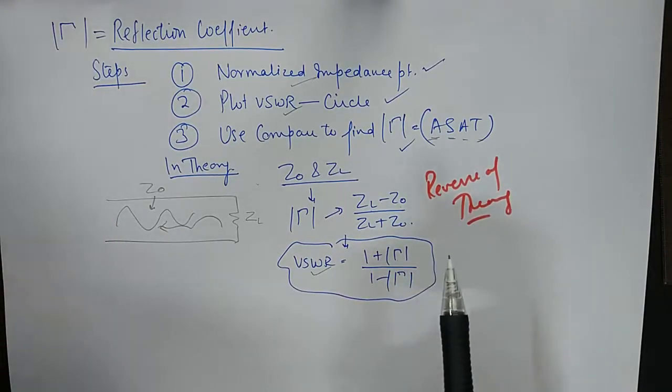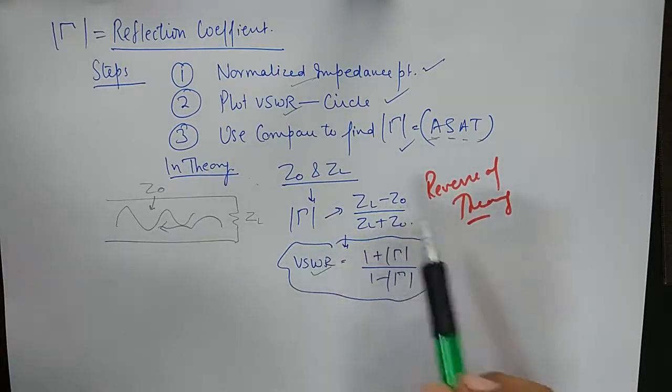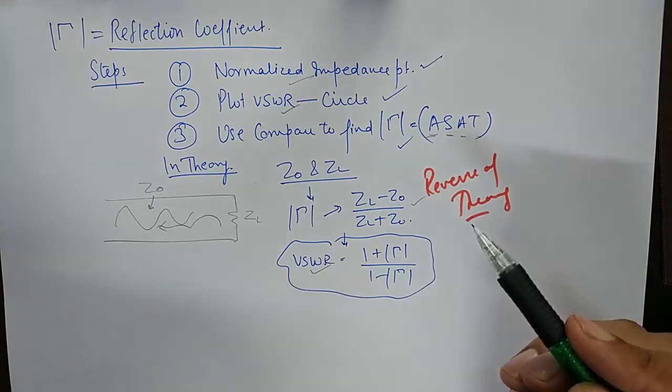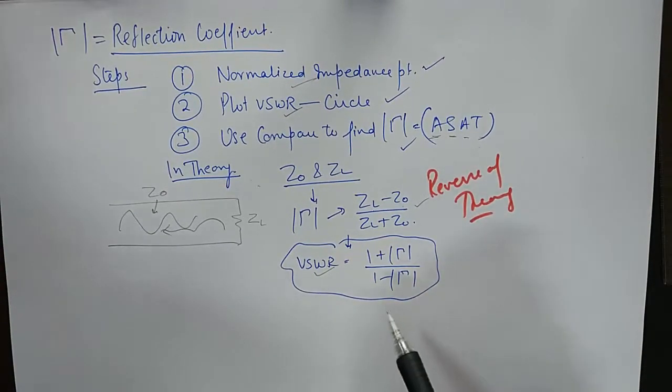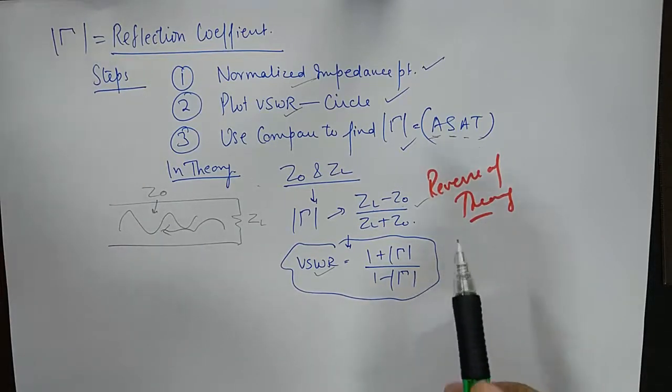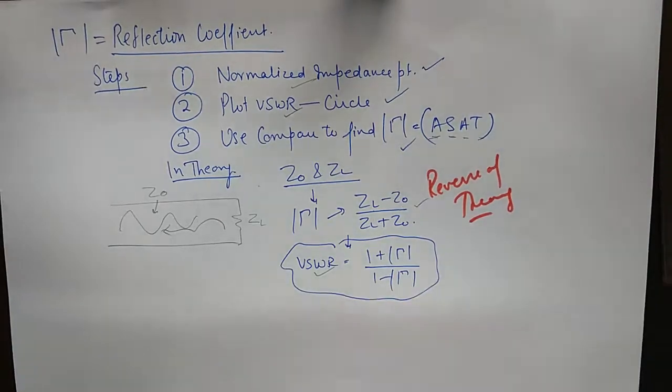Now in theory, we first find the reflection coefficient from this formula, and then we go on to find the standing wave ratio or the voltage standing wave ratio. But this is reverse in the case of Smith chart.